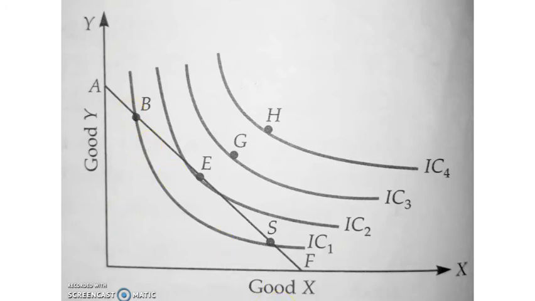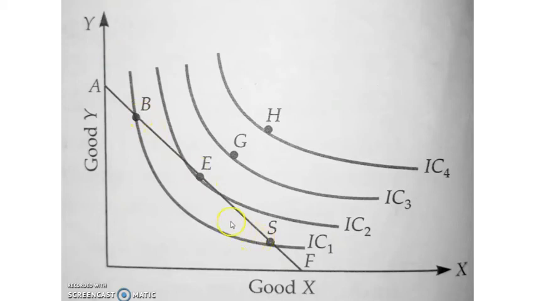These points lie on the same indifference curve, that is the IC1 curve. This B and S are on the same indifference curve. That means they give the same level of satisfaction. There is no difference between point B and S.